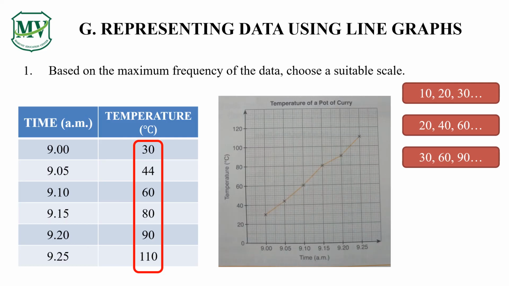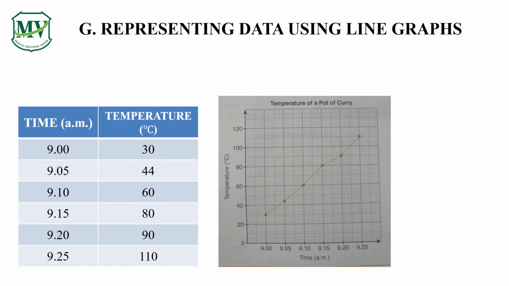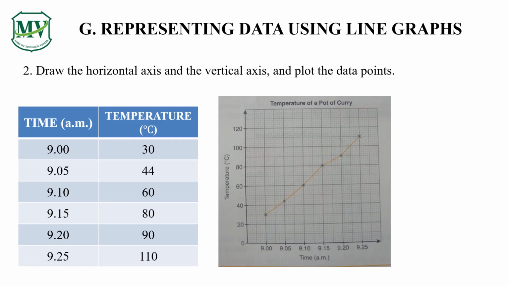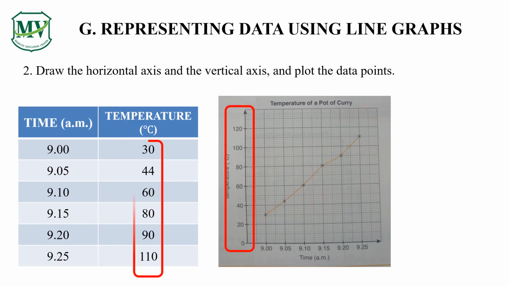So here in my line graph, I use the scale 20, 40, 60. Step number 2. Draw the horizontal axis and the vertical axis and plot the data points. Always remember that in the vertical axis lies the frequency values. In the horizontal axis lies the time values.